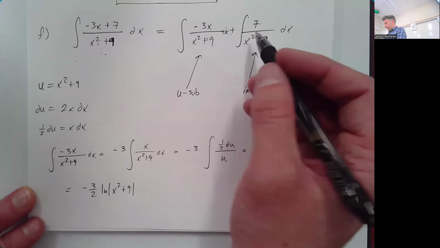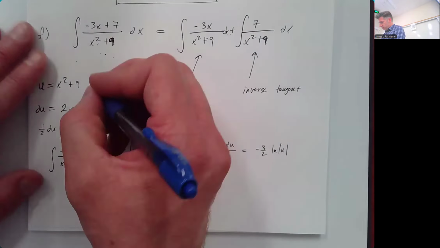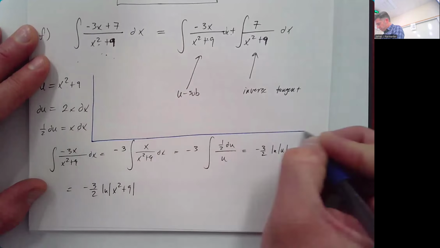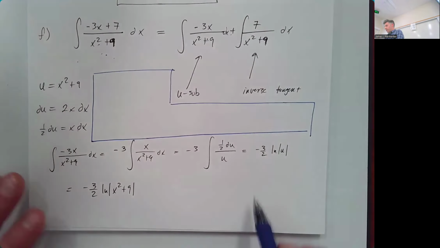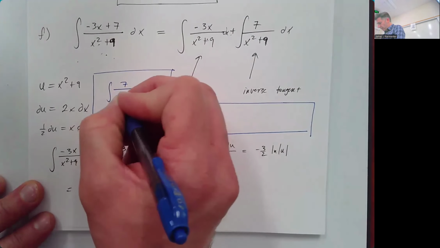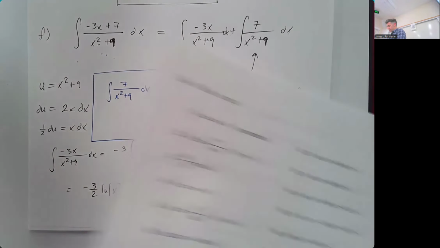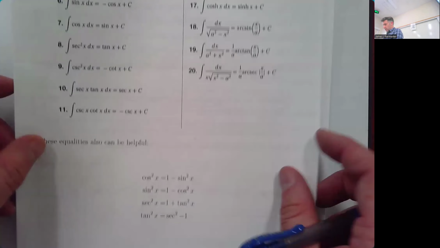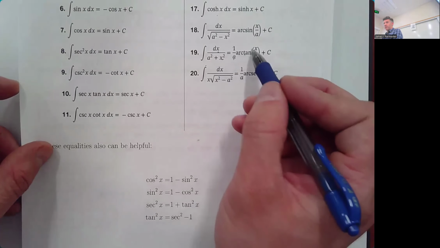And then the second part, which I've really smartly not left myself enough room for here. Let me squeeze out some room. So for the integral of 7 over x squared plus 9, we're going to refer back to the formula sheet. It says the integral of dx over a squared plus x squared is 1 over a arctangent of x over a.